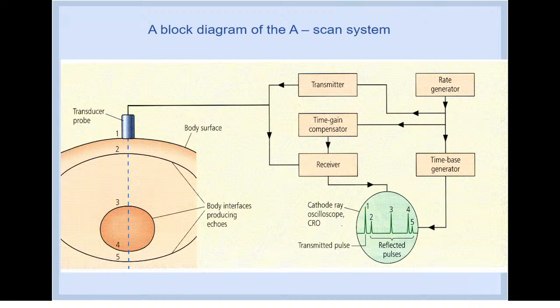The positions of these lines on the screen, for instance 1, 2, 3, 4, 5, correspond to the positions of the associated reflecting surfaces in the body, that is, the first, second, third, fourth, and fifth surfaces.